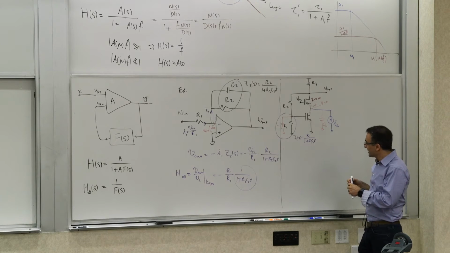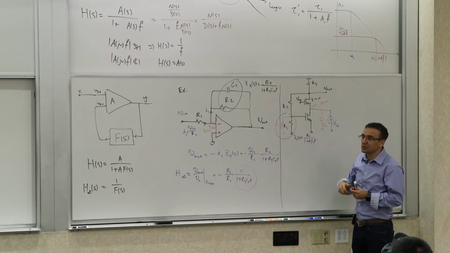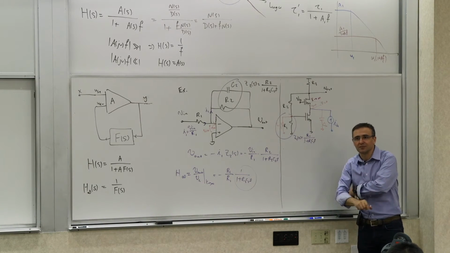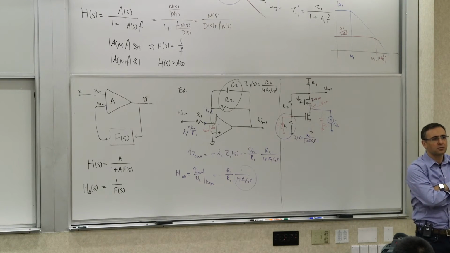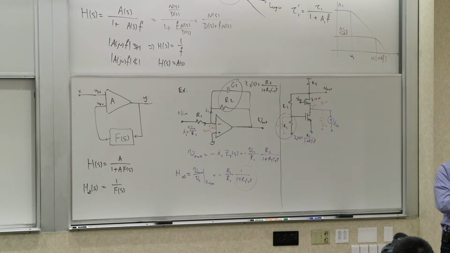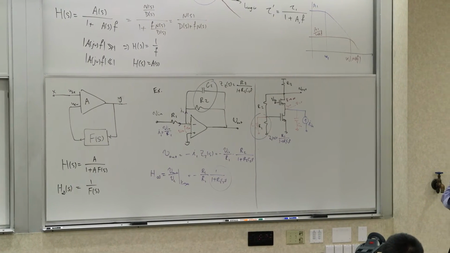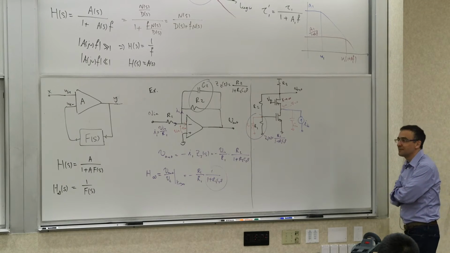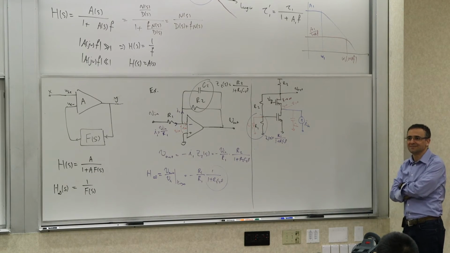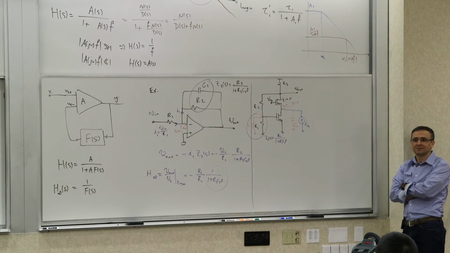So what that means is that all of this current has to go here. But now you have this extra capacitor. How much of the current will go through the capacitor? Look at the things that I've written in red and tell me how much current goes through the capacitor. 0, right?